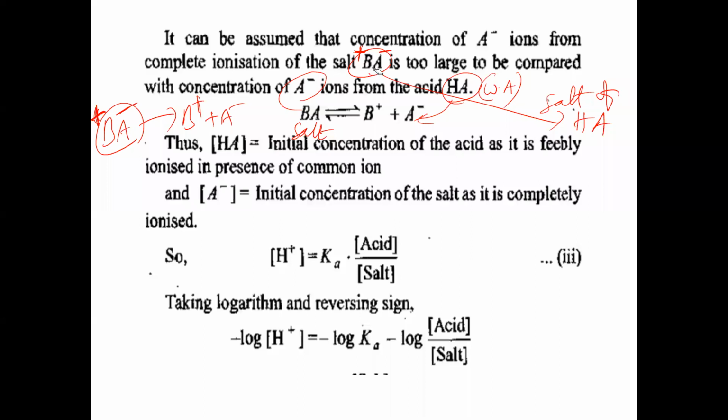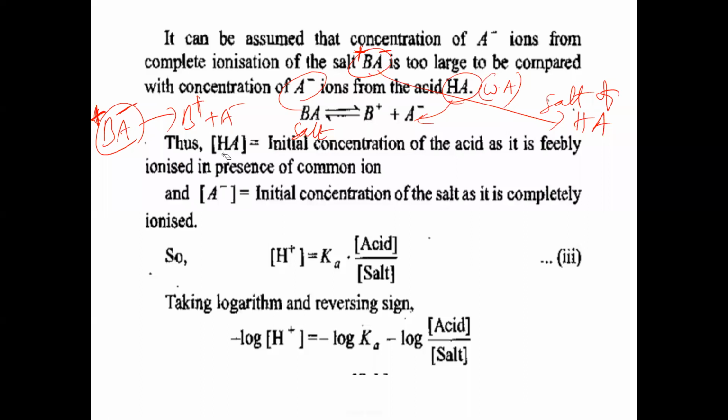Now, what is the meaning understood here? From BA salt, A minus is coming. From HA weak acid also A minus is coming, but it is a very weak electrolyte and will give fewer A minus. But BA is a strong electrolyte. That's why A minus will be coming in very large number from BA.